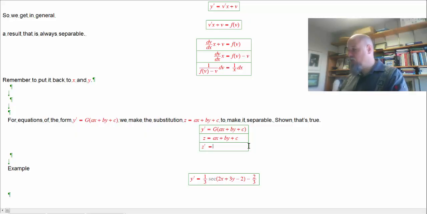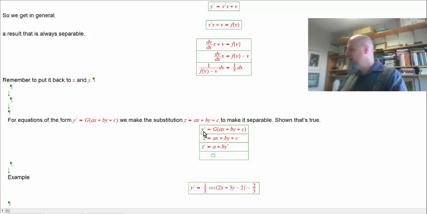Of course, I need z prime. I have to differentiate my substitution. Z prime, I'm taking the derivative with respect to x. So that's going to be a, that's a constant, plus b y prime, the derivative of c being 0. When I substitute those pieces in, I need to solve this piece for y prime.